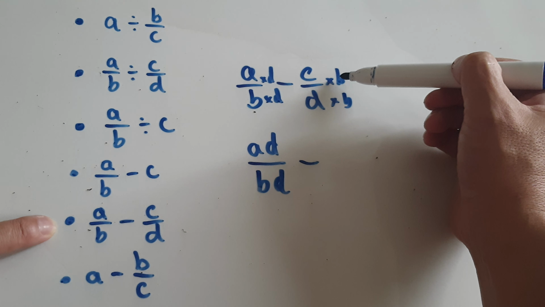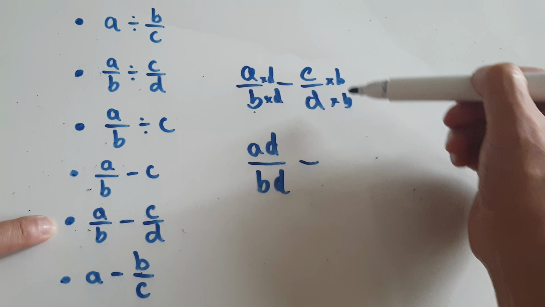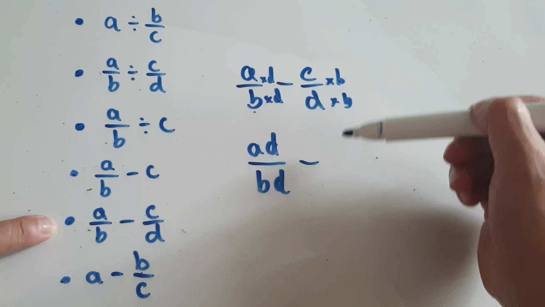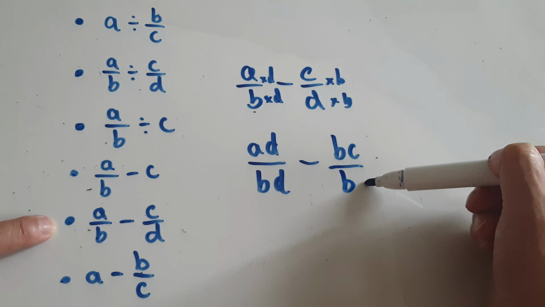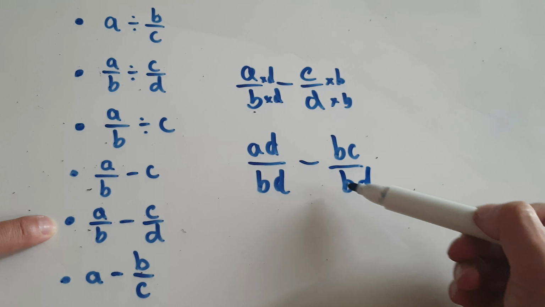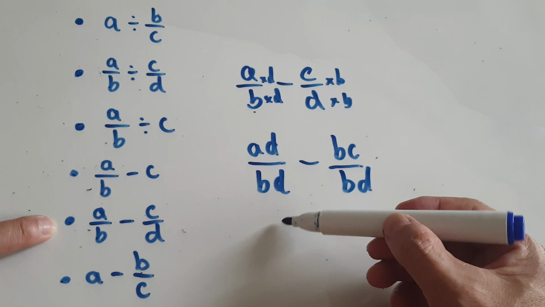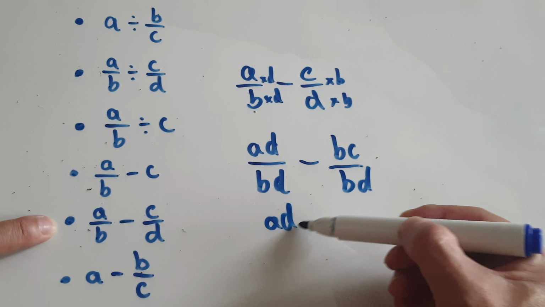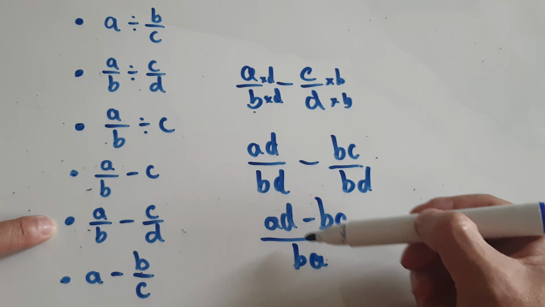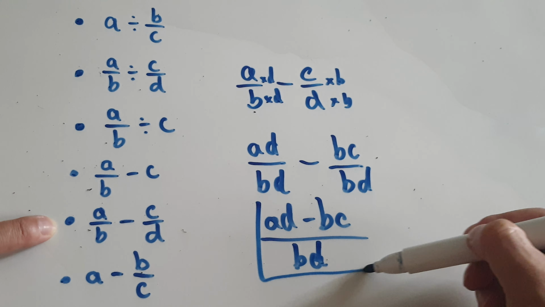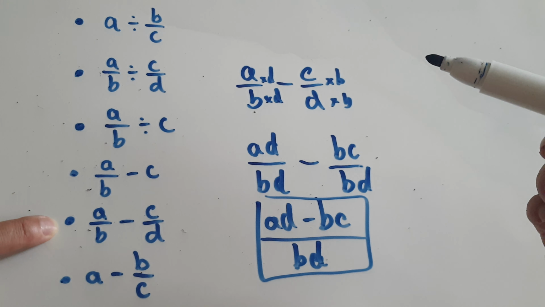And then this one here will be, I'm going to keep it alphabetical, BC over BD. Oh look, the two denominators are the same, so you can merge them together. So that will then become AD take away BC over BD. So this is the answer to the fifth one.